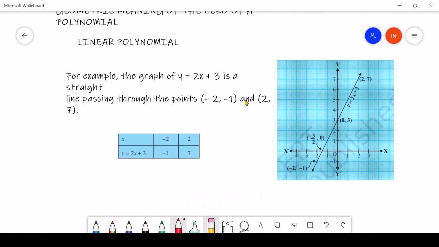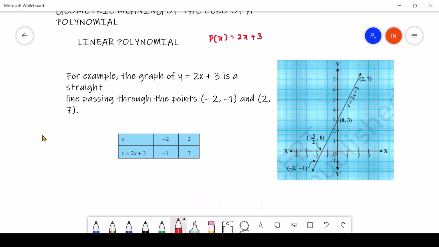You can see here one linear polynomial I have written, 2x plus 3. So y is equal to 2x plus 3. That means we can say that the polynomial p of x is equal to 2x plus 3, and from the degree you can say that this is a linear polynomial, right? So when we put the values, you can see here for x we have put minus 2.